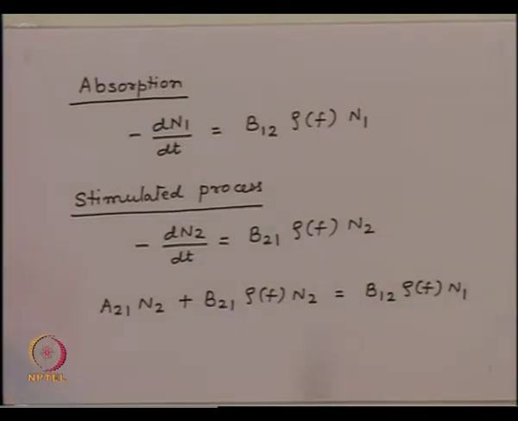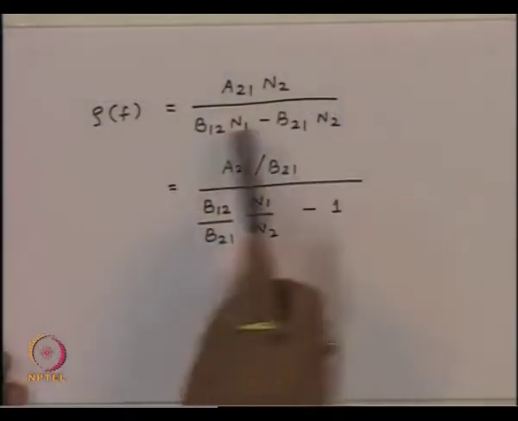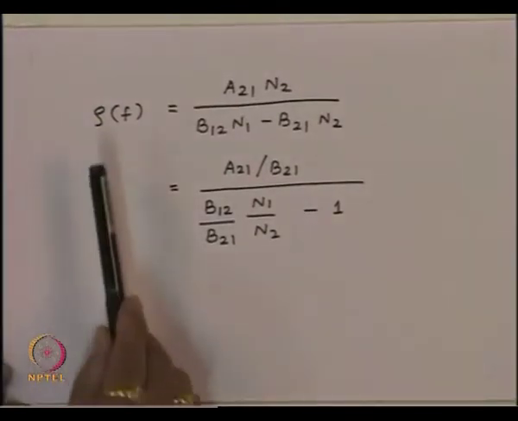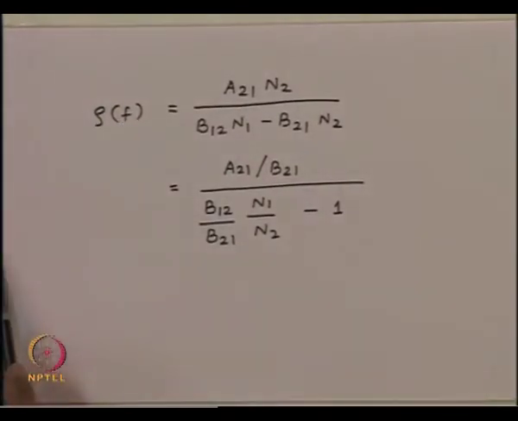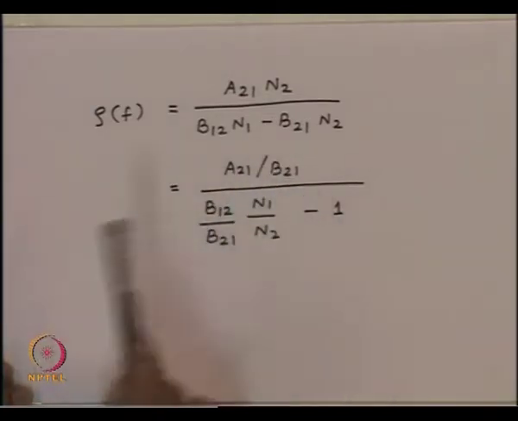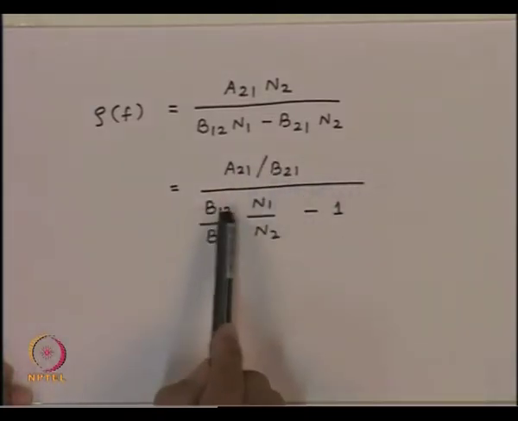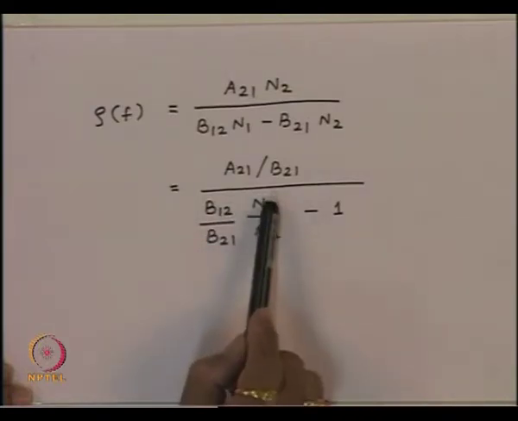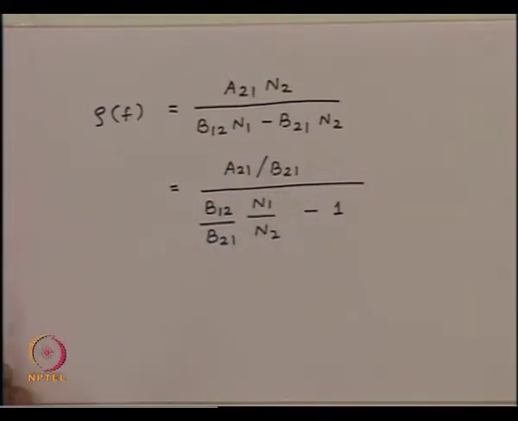Just by rearranging the terms, bringing all the rho terms on one side and simplifying, we got the photon flux density expression, which is A21 upon B21 divided by B12 upon B21 times N1 upon N2 minus 1.